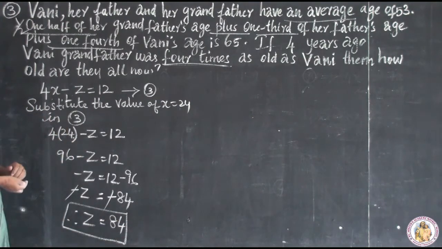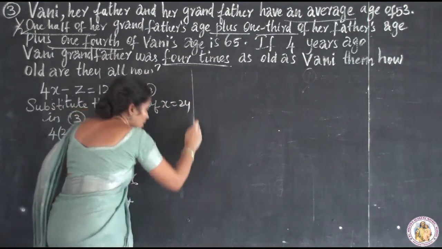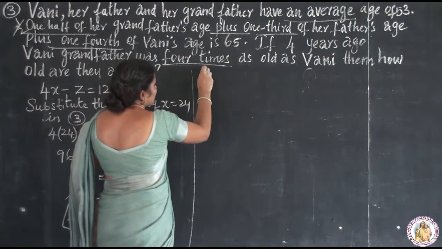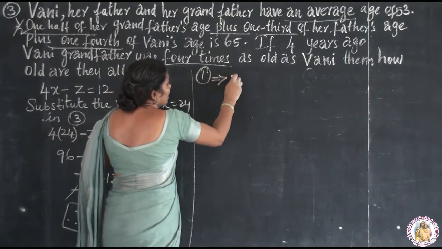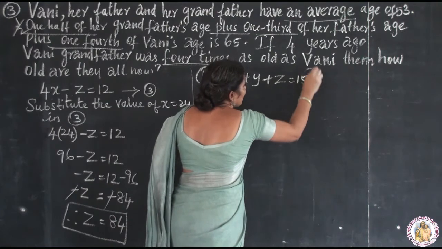Now we know the value of x is 24 and z is equal to 84. Let us substitute that in the first equation: x plus y plus z is equal to 159.